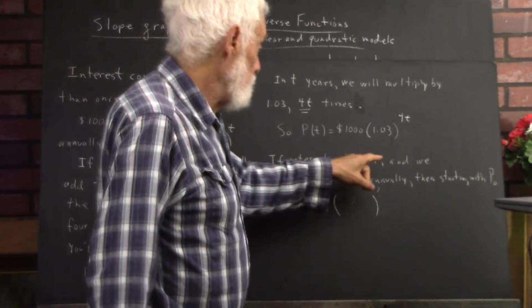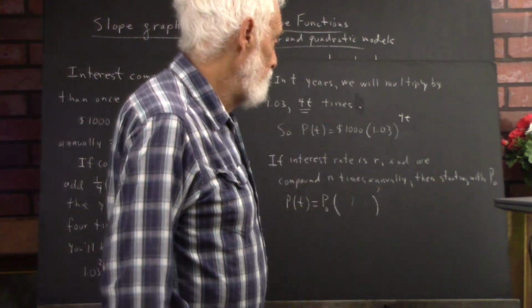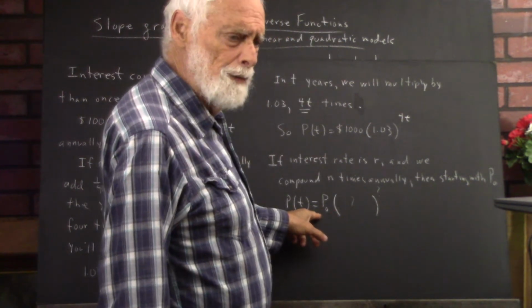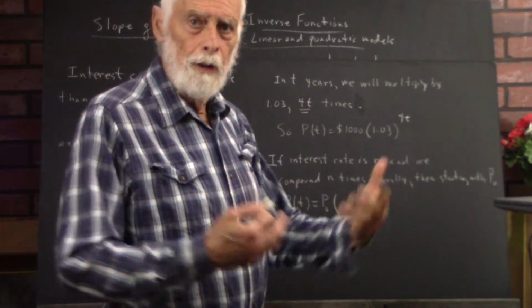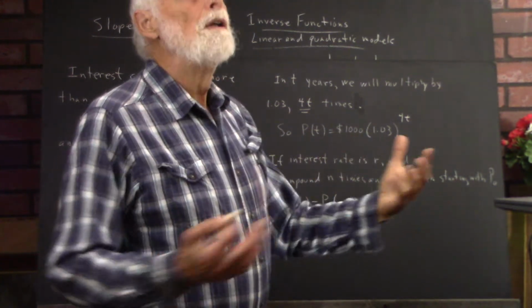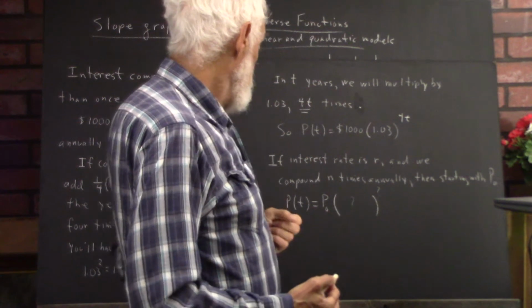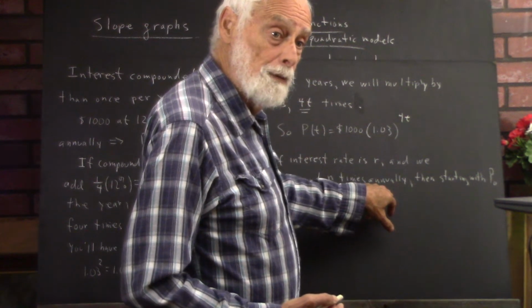Now, if the interest rate is R, and we compound n times annually, then if we start with P naught instead of $1,000 (if you want to write $1,000 there, you can, but you can replace that with P naught to stand for whatever principal you start with, whatever investment you make), what are we going to multiply that by, and how many times?